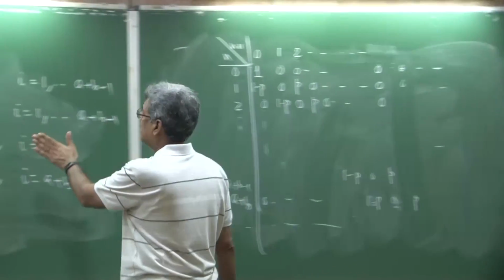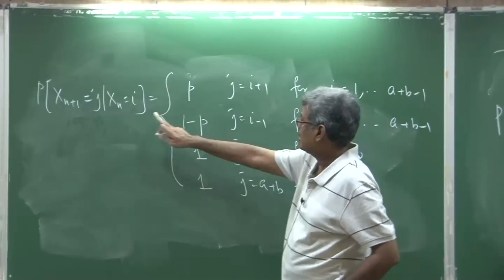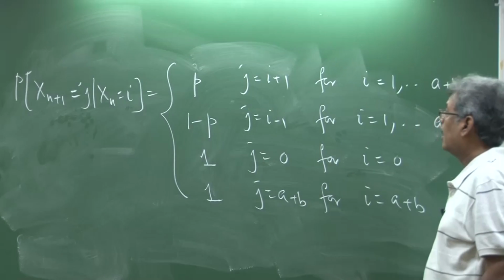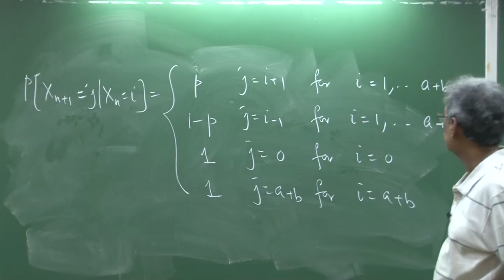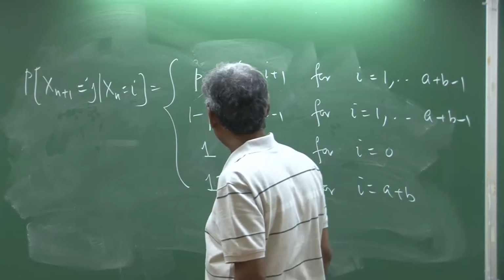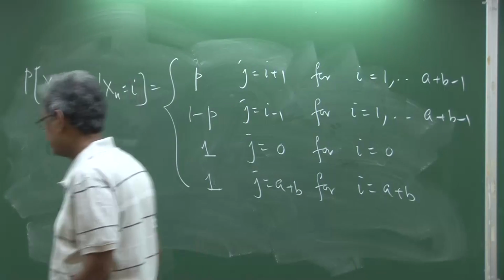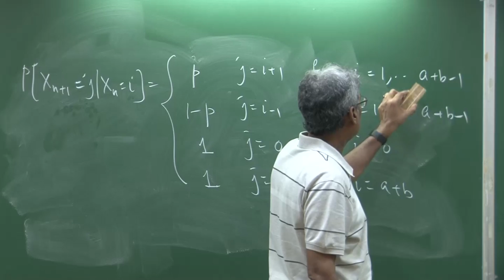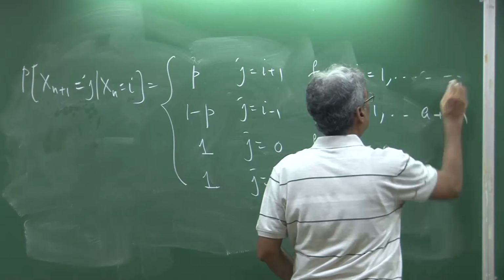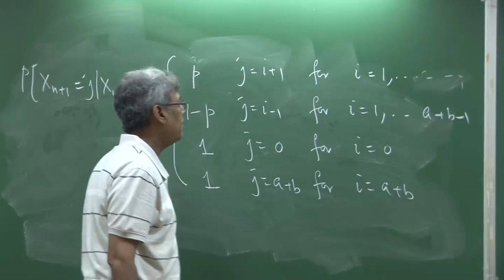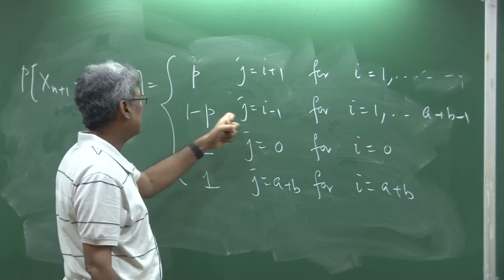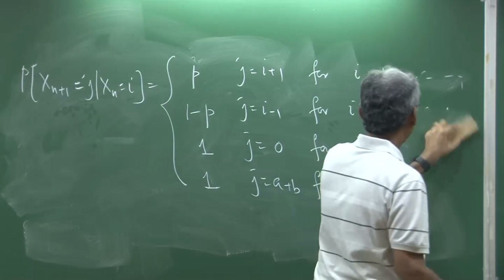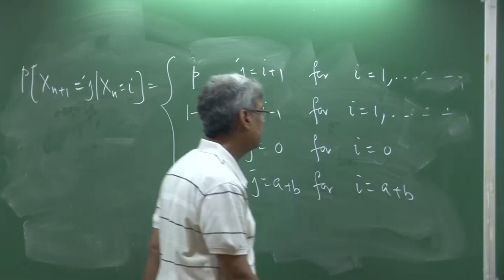So I have to change it accordingly. P(X_{n+1} = j | X_n = i) is equal to p, for j equal to i plus 1, where i goes from 1 up to infinity. 1 minus p, for j equal to i minus 1, which also goes from 1 to infinity.